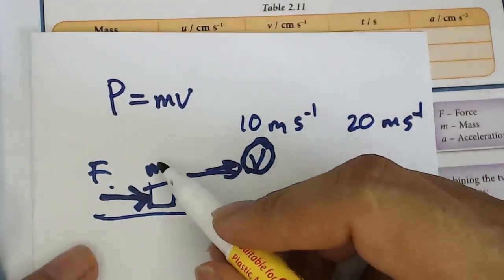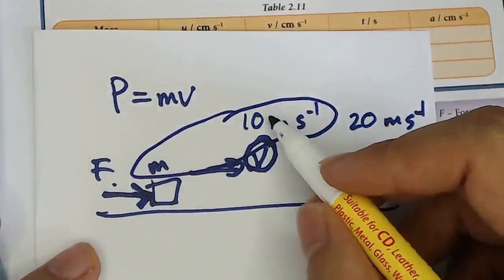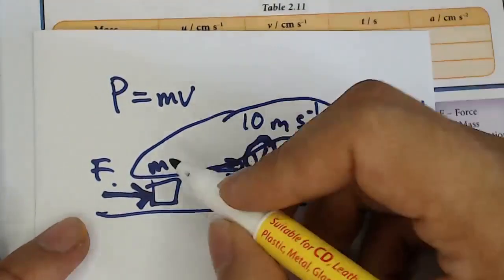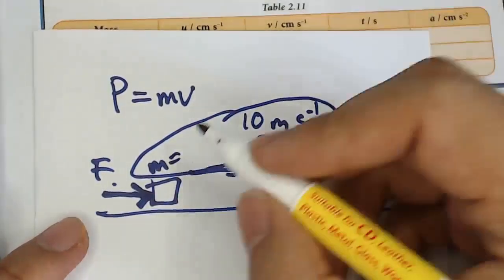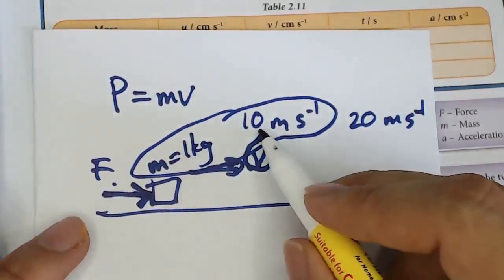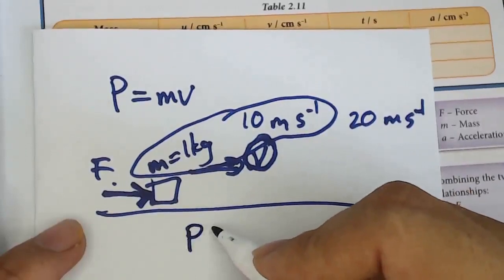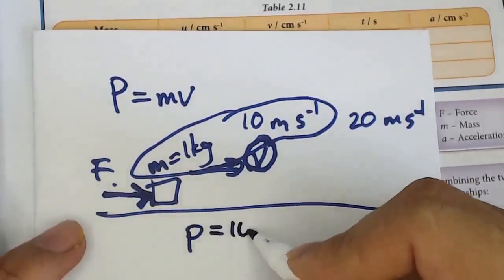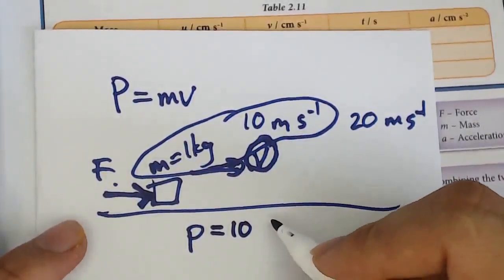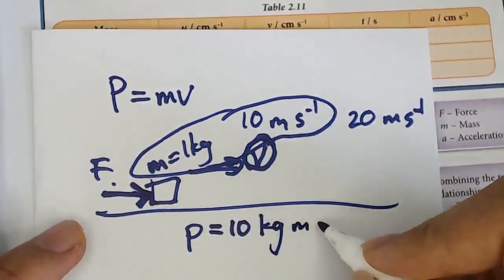Before, we multiply the mass and the velocity; let's say the mass is 1 kilo. So 1 kilo multiplied by 10, we get the momentum, that is 10 kilogram meter per second.